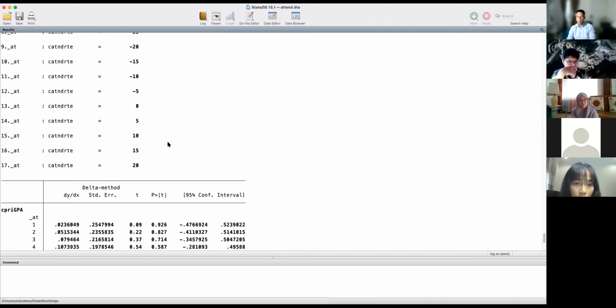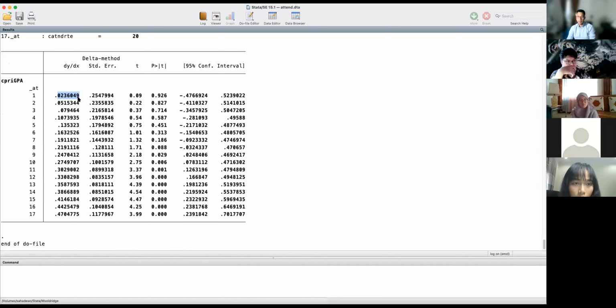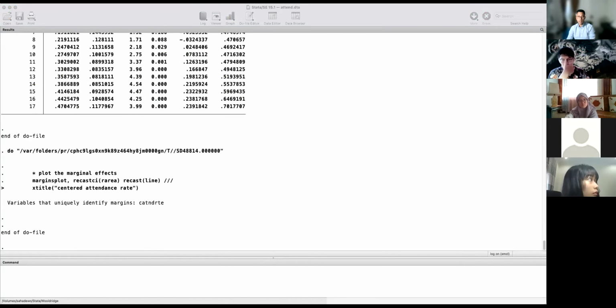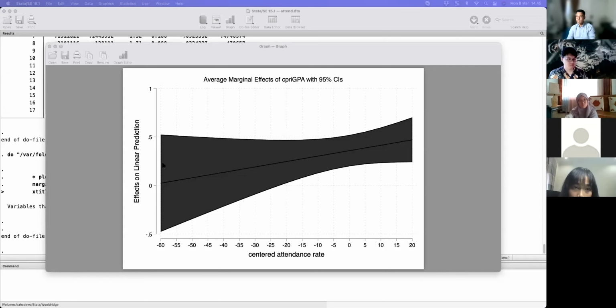Okay, which is quite useful in the case of regression with an interaction term. And we're also going to be able to run the plot. Okay, so I'm going to share the plot to provide a better understanding of the effect.